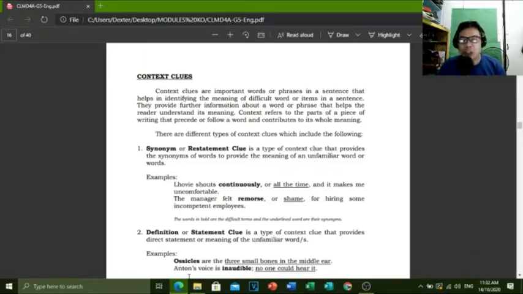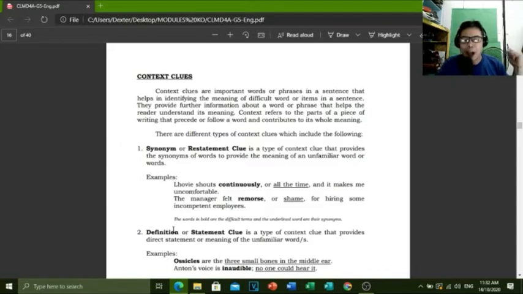Lovey shouts continuously or all the time, and it makes me uncomfortable. Okay, so class, what is our highlighted word in the sentence? The highlighted word or the bold word is continuously. So, let's suppose na yung continuously is our unfamiliar word.